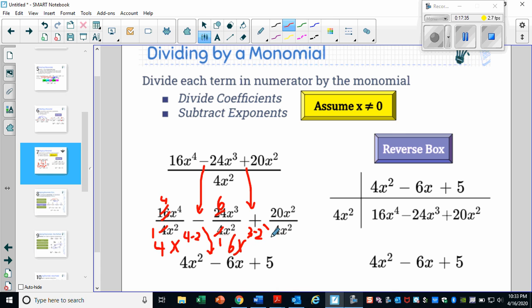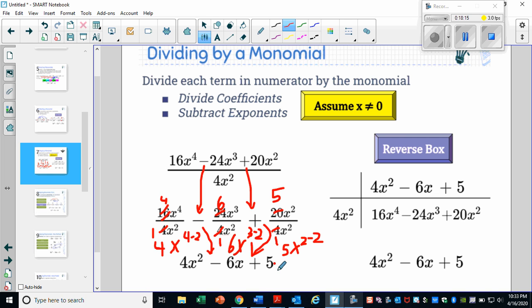Remember, this plus sign comes on down for the ride. Now 20 divided by 4 is 5. So we get the 5, but now this part right here, x to the 2 minus 2. Ladies and gentlemen, 2 minus 2 is 0.